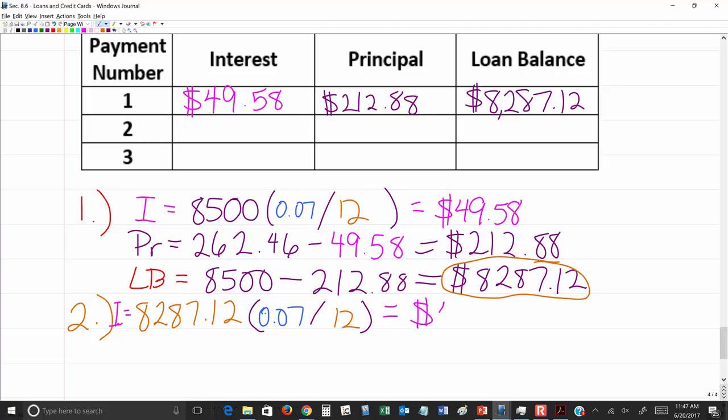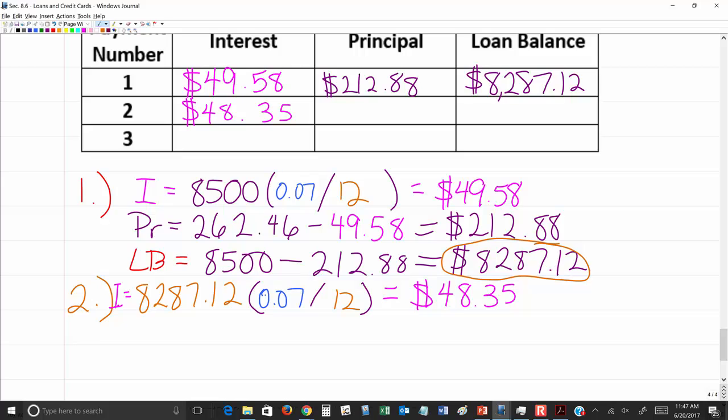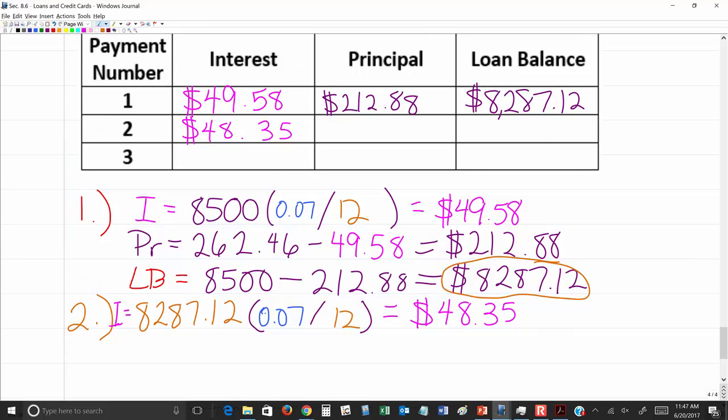So in the second month, you're paying $48.34 in interest, which is a tiny bit less than you paid in interest the previous month. And that is because your balance went down because you were able to make a payment towards the principal.